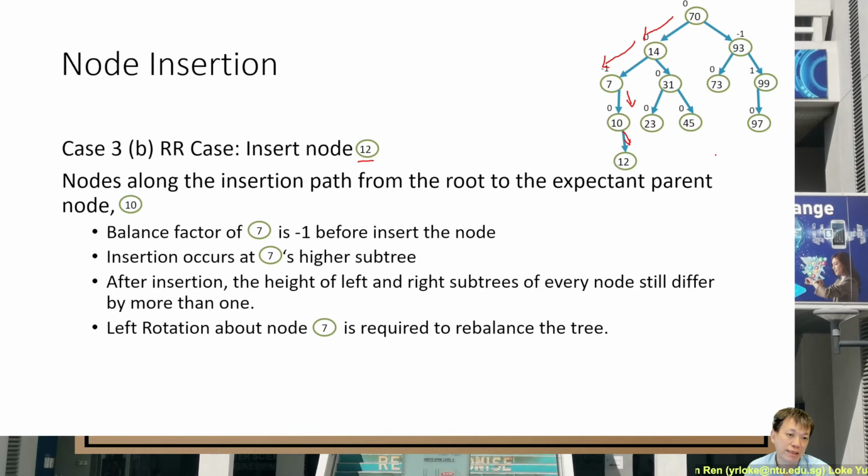So in this case, you can see that these nodes will be unbalanced. Node 7, because the left side is nothing. On the right side, originally there's a node 10 over there. Then you add one more node as a right child of node 10.